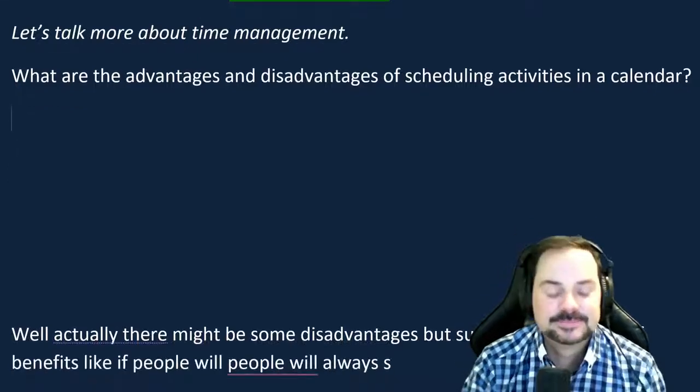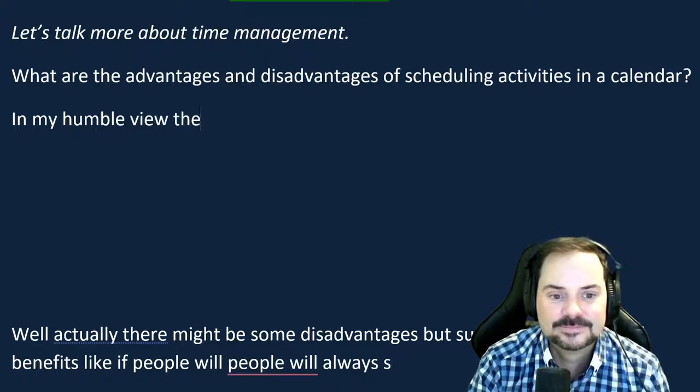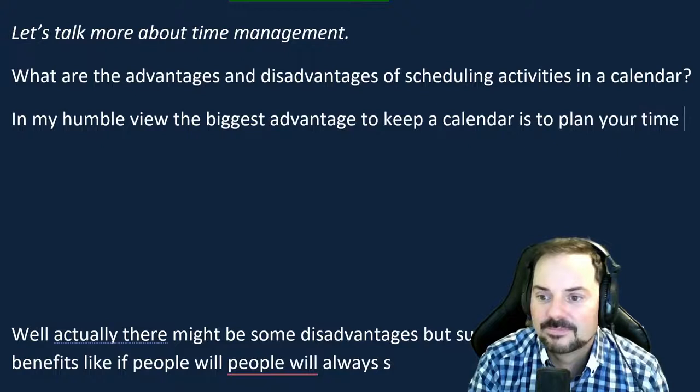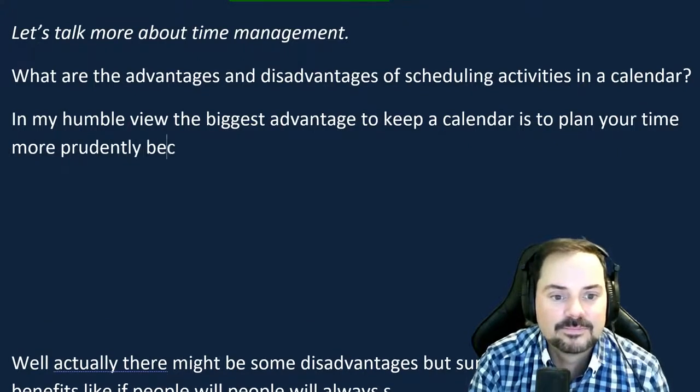So in my humble view, the biggest advantage of keeping a calendar is to plan your time properly, more wisely, prudently, because our life rhythm is so crazy sometimes.